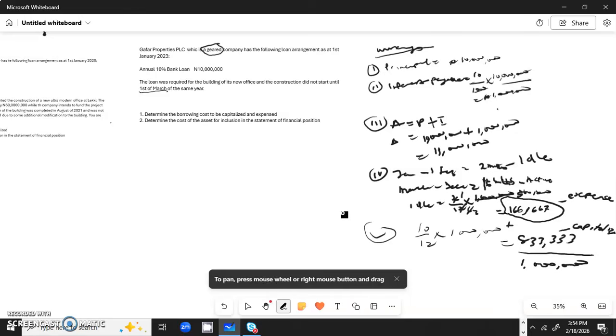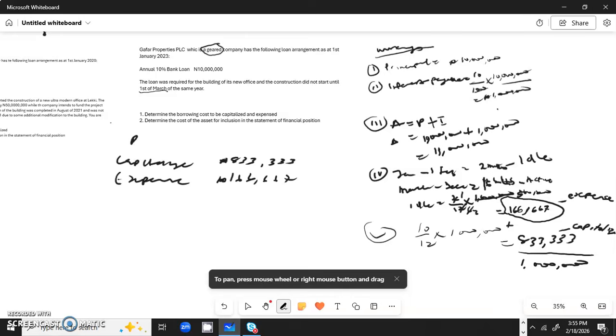So how do we recognize that? We know in our format, number 1, we have been able to determine the borrowing cost to be capitalized. So the borrowing cost to be capitalized, we're going to capitalize 833,333, and we're going to expense 166,667 naira.